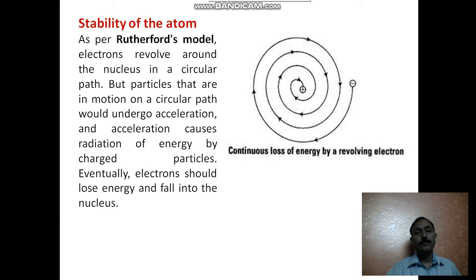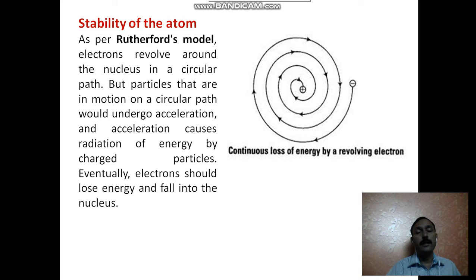Stability of atom. As per Rutherford's model, electrons revolve round the nucleus. This is the electron, it is revolving round the nucleus in a circular path, but particles in motion on a circular path would undergo acceleration. This particle will undergo acceleration, and acceleration causes radiation of energy by charged particles.